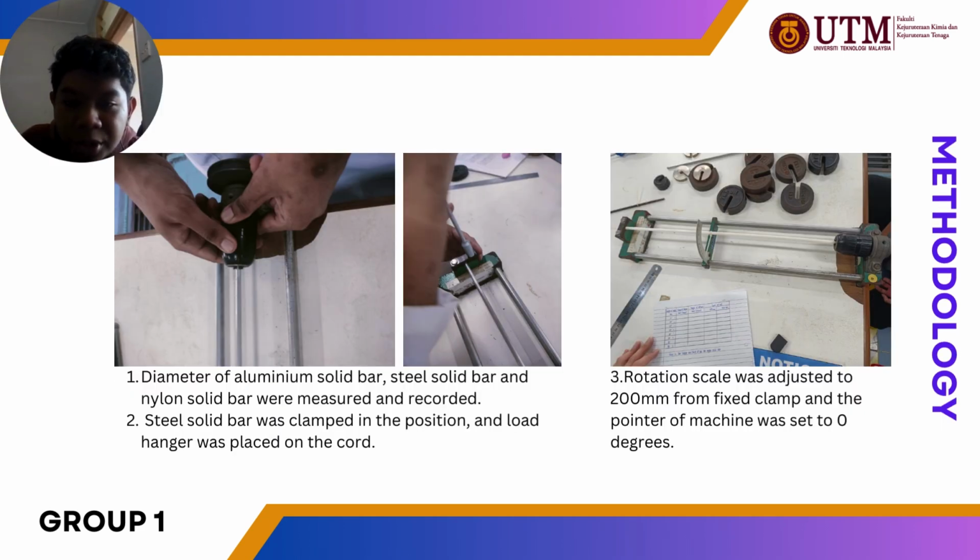Step 1. The diameters of the aluminum solid bar, steel solid bar and nylon solid bar were measured and recorded. Step 2. The steel solid bar was clamped in position and the load hanger was placed on the cord. Step 3. The rotation scale was adjusted to 200 millimeters from the fixed clamp and the pointer of the machine was set to 0 degrees.